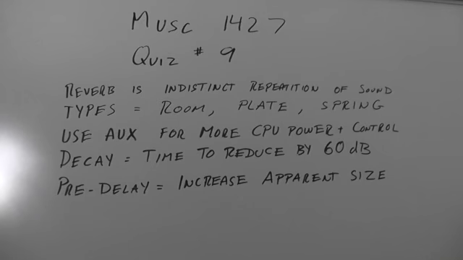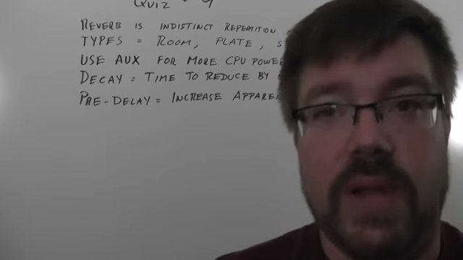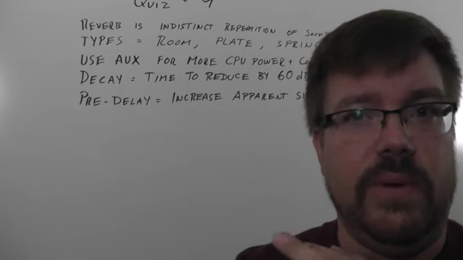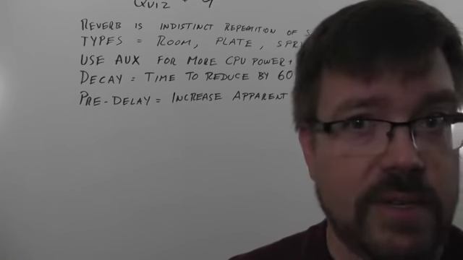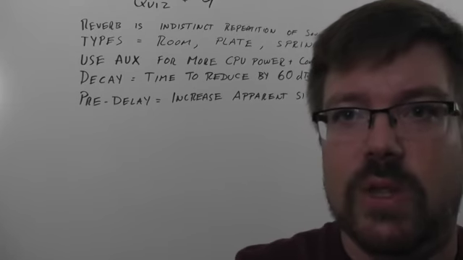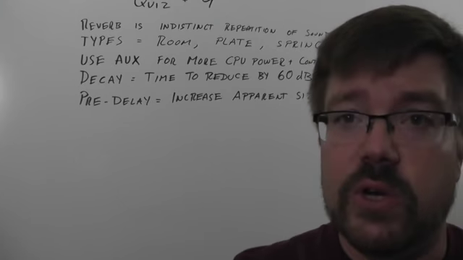The second question is about the types of reverberation. Any of these can be either real or virtual plugins, and we're probably going to be dealing more with virtual plugins, but we'll definitely experience spring reverbs, if nothing else, and room reverbs, whether we set up a mic for it or not. The first is a room.